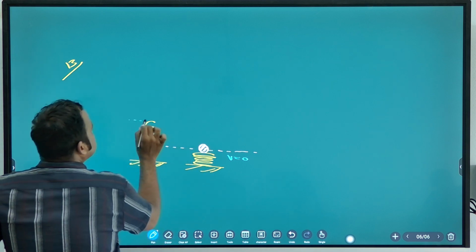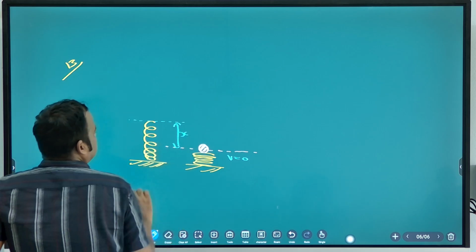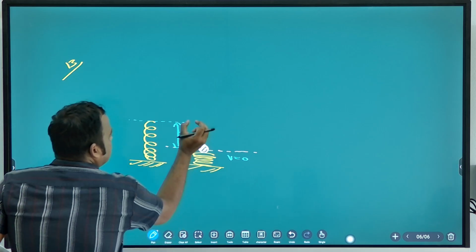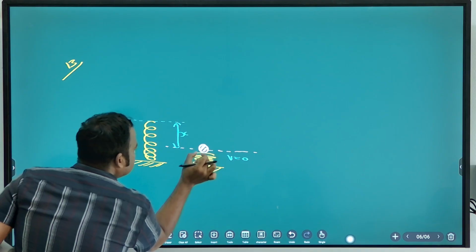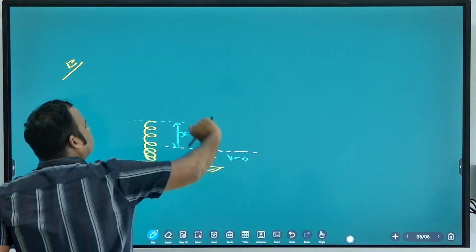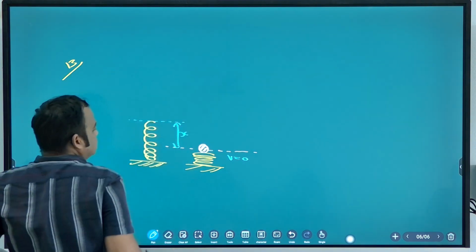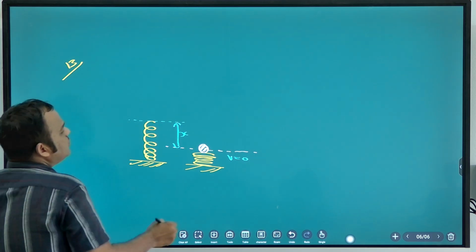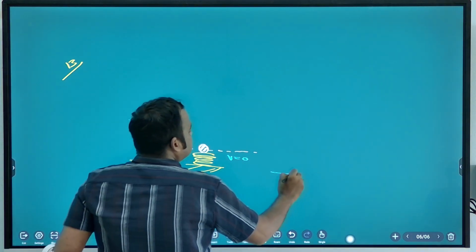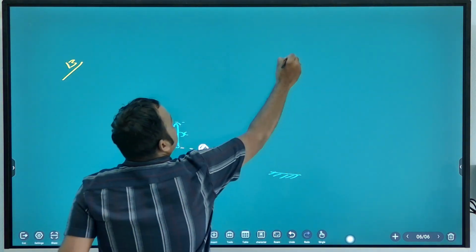And how much is the compression? x. I am compressing the spring and release it. So the spring force will act upward, so the ball will go up. The question is, how much height will it gain?